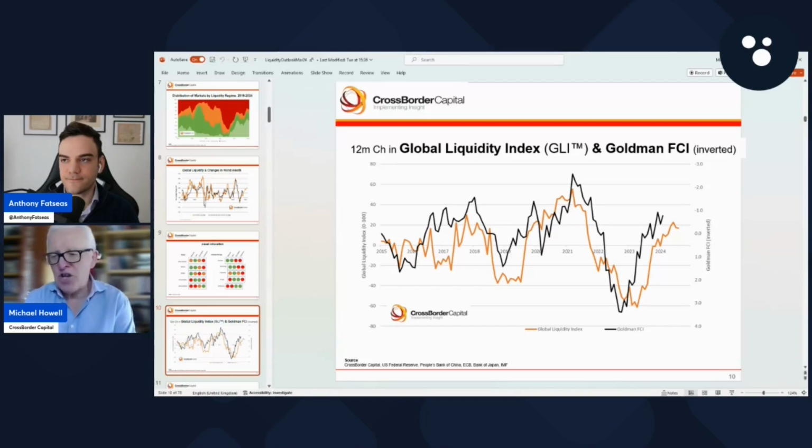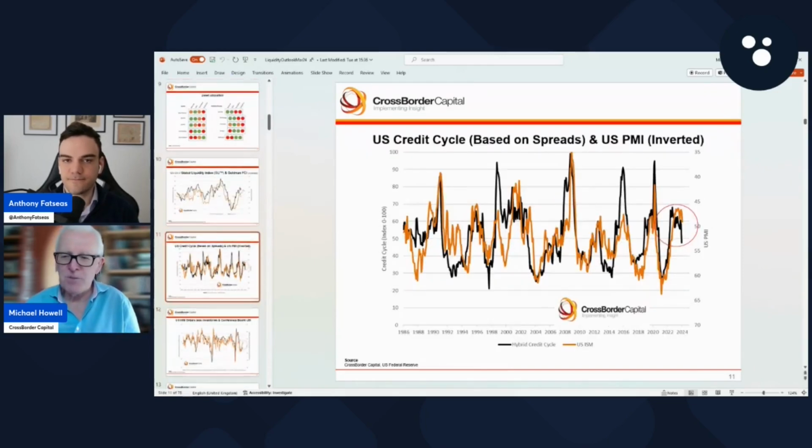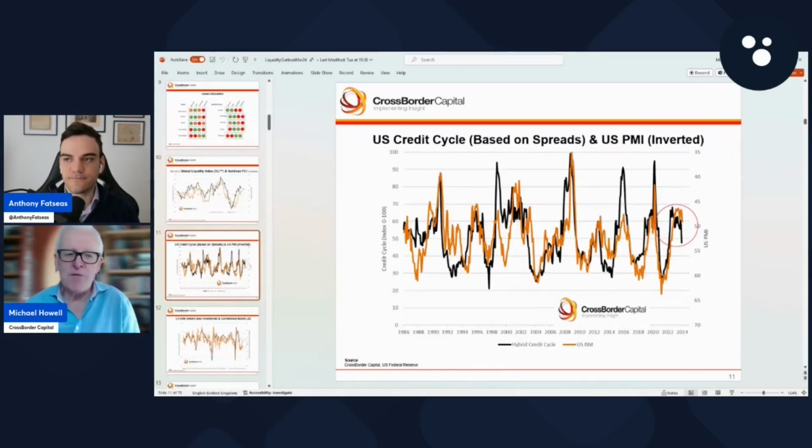It's the 12-month change in it, advanced by about a year to show that it's leading. And what this is saying is that all the gyrations in liquidity have basically driven financial markets and financial conditions consistently over the last decade or so. So you've got to look at liquidity as most important. Here is further evidence of that.